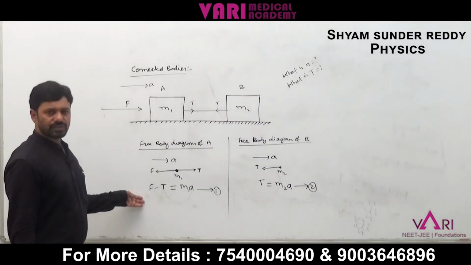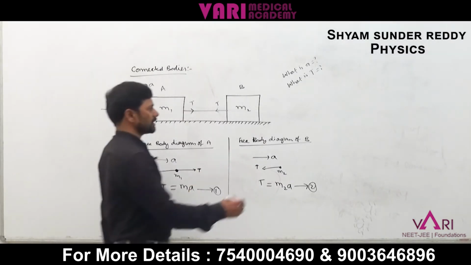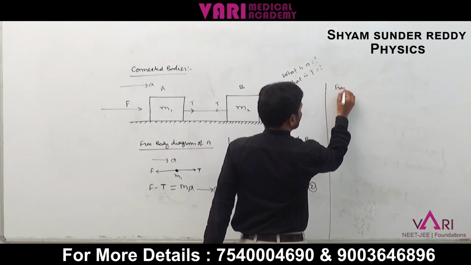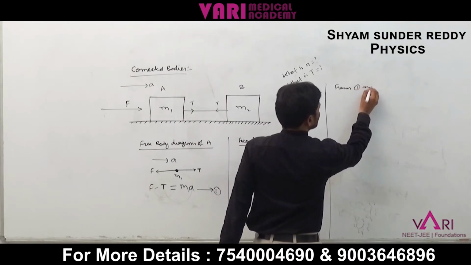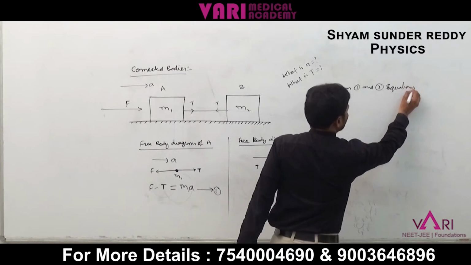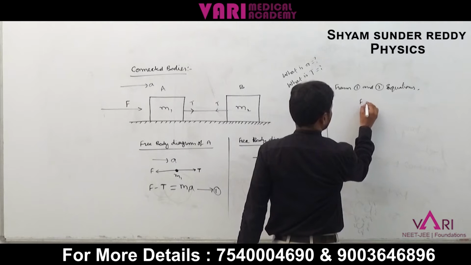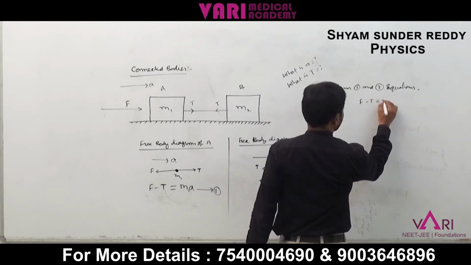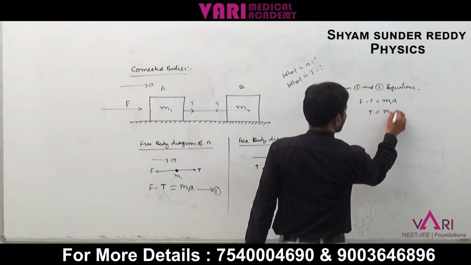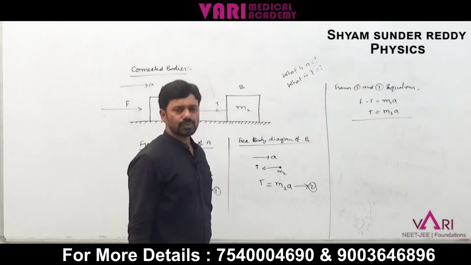From equations 1 and 2, we need to find the acceleration and tension. From 1 and 2 we get F minus T is equal to m1a, and T is equal to m2a.